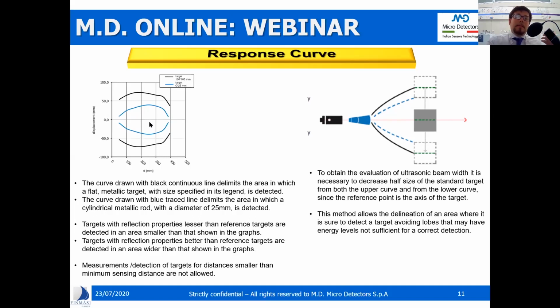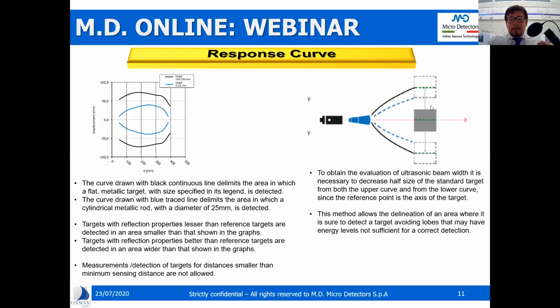It means that a precise description of the shape of the acoustic cone is not possible, because as you use a different kind of target, the width and also the length of this cone will change. Let's say if we used another kind of target, for instance 500 times 500 millimeters, probably this acoustic cone will be of a higher distance.